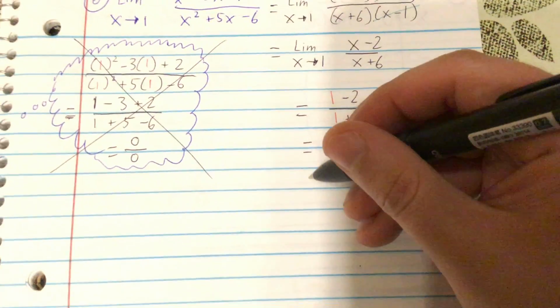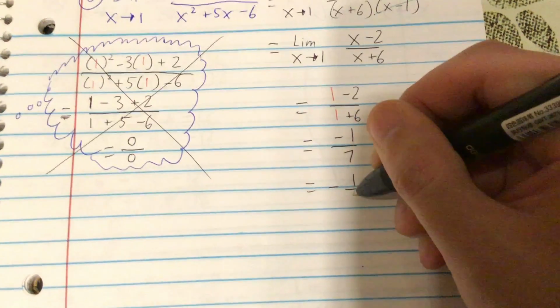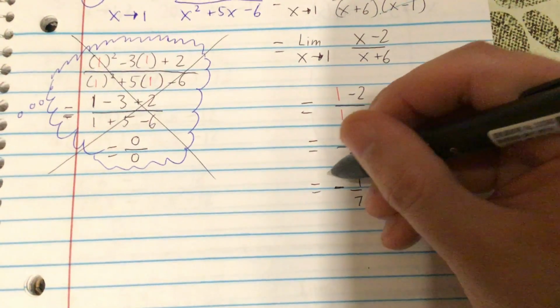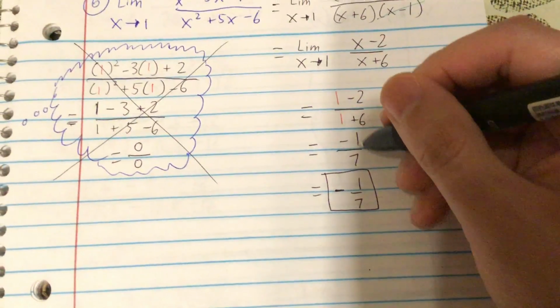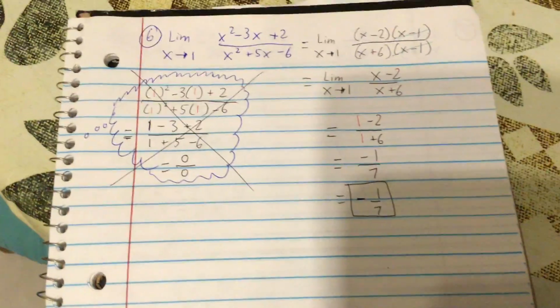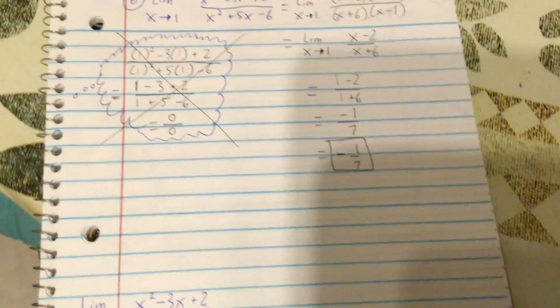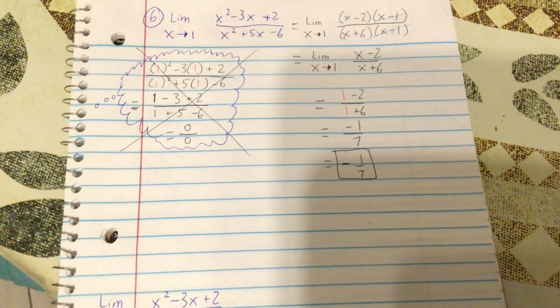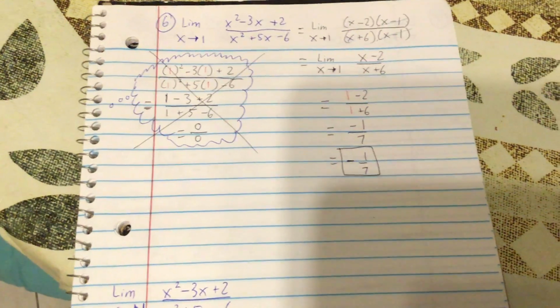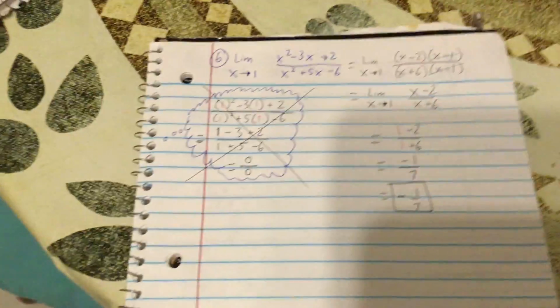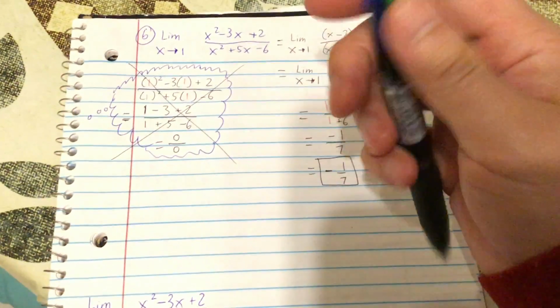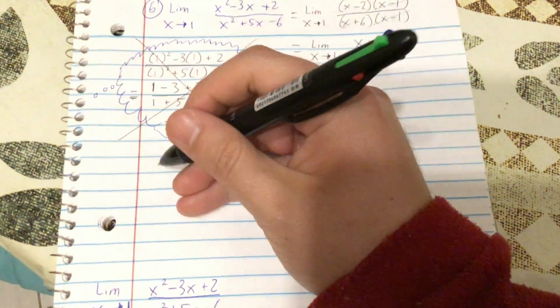So the whole thing can't be reduced, but I'm just going to rewrite it as negative 1/7 where the negative is in the middle. That's just my personal preference. But if you wrote it as negative 1 over 7, I'm not going to get mad. What's the big picture? Is x equals 1 continuous or discontinuous? There's a hole in the graph, so x equals 1 is discontinuous.